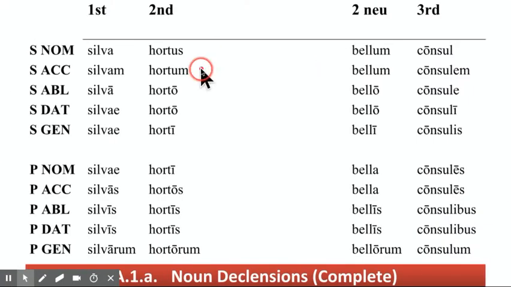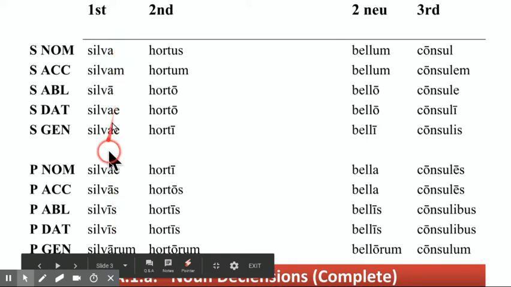All nouns follow families called declensions. First declension, second declension, second neuter, and then third. So first declension, you see a lot of A's there. It's a feminine declension. Second declension, mostly masculine.